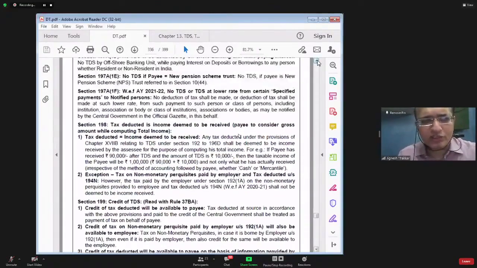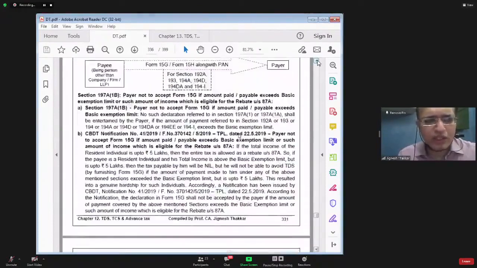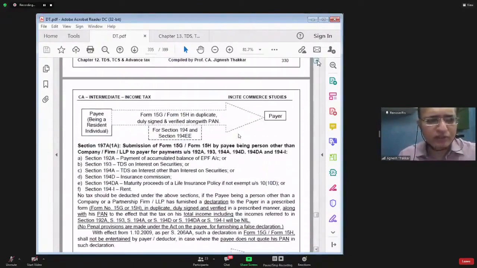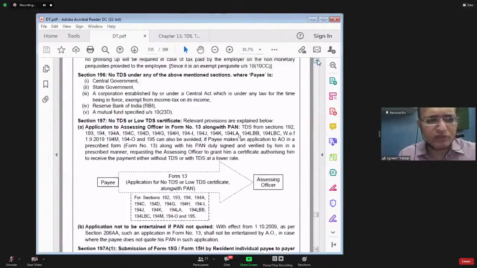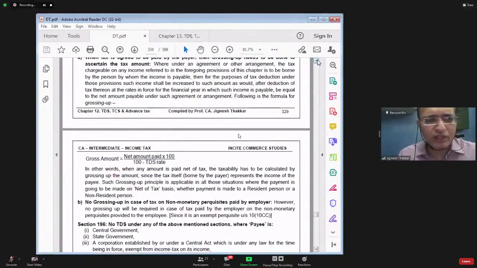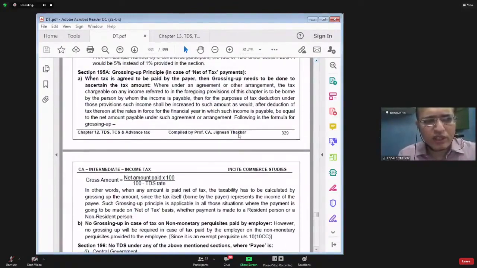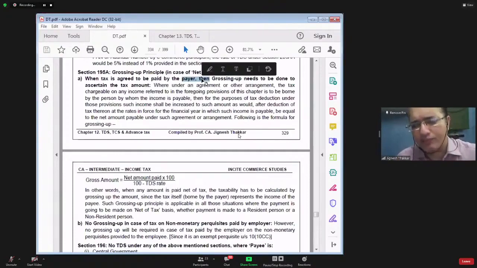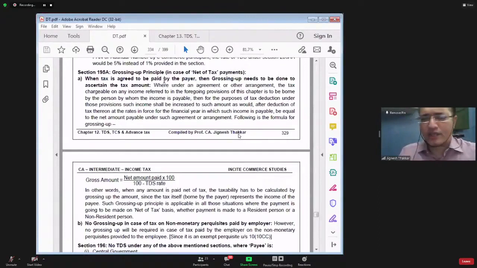See, just a few minutes back, we also saw section 195A. What is the difference between section 195A and 198? 195A is applicable only when the payer has agreed to pay tax to the government. The payer is not deducting TDS and has agreed to pay tax from his own pocket to the government. In that case, this reverse calculation is required to be done.